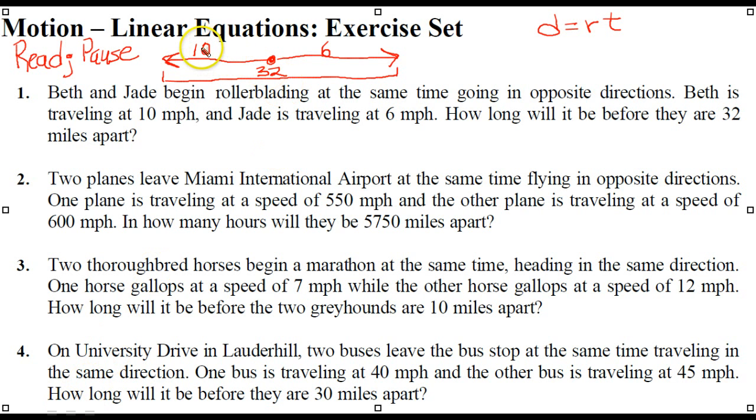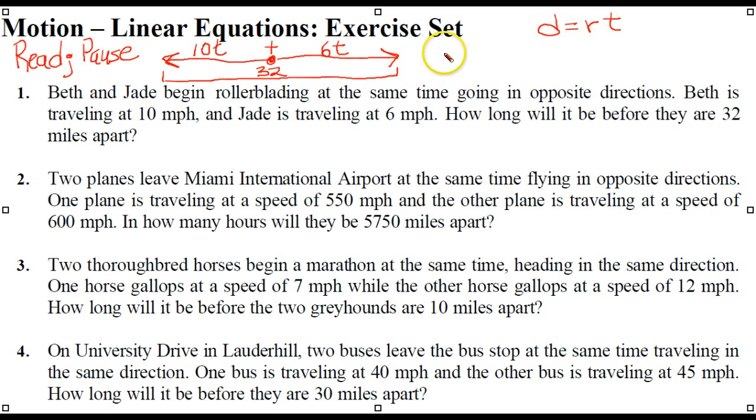So we have here rate, and then if we times it by time, which is going to be the same for both folks here, rate times time, and if we add these two together, this rate times time plus this rate times time, it's going to equal this total distance.